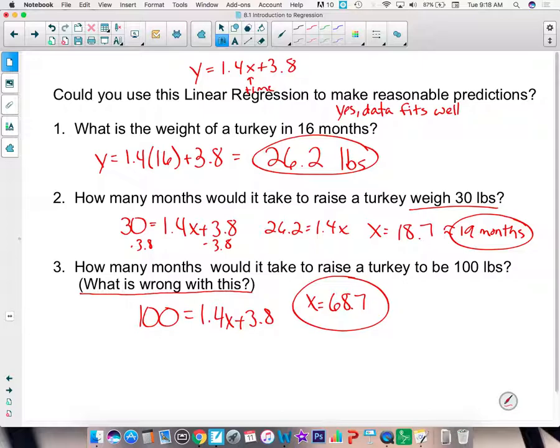You'd have to look up the lifespan of a turkey. That might be longer than a turkey lives. But the problem here is the 100-pound turkey. You're probably not going to get one, but that would be a heck of a Thanksgiving dinner if you did. So looking at the data, you have to make your interpolation or extrapolation based on that.